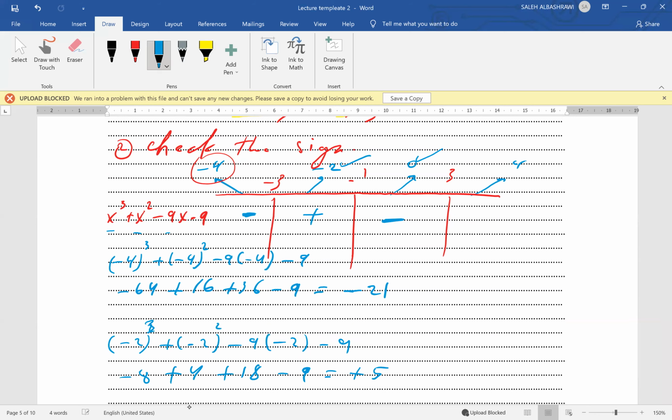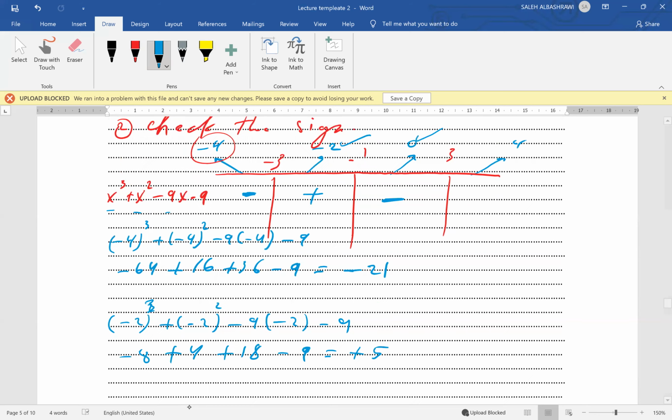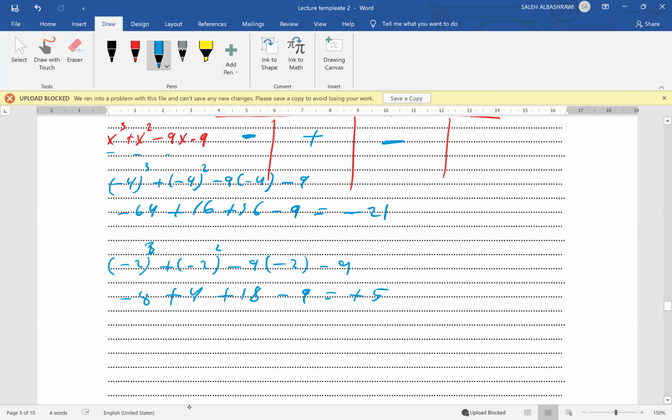If it is 4, replaced by 4, it is 4 to the power 3 plus 4 to the power 2 minus 9 multiplied by 4 minus 9.